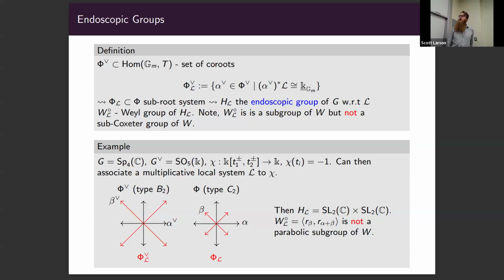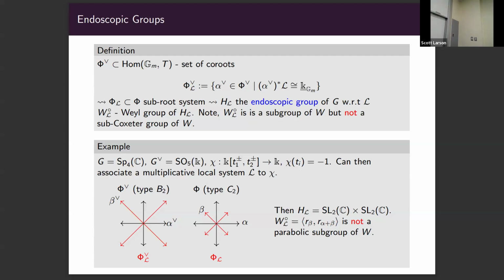If we multiply it with itself, we just get 1. And this gives us a multiplicative local system that is not the usual one. And what happens is on the co-root side, it'll pick out just these 4 roots. And when we dualize them, we get these ones.